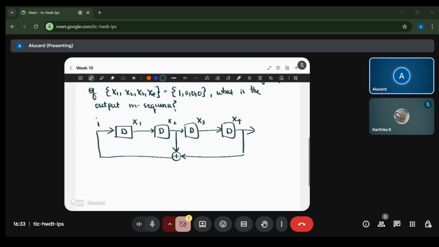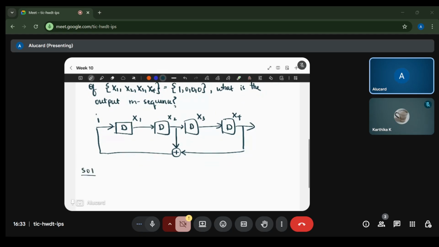Okay, to answer this question, you just make a table of sorts: x1, x2, x3, x4, then your output. Your output is x4.